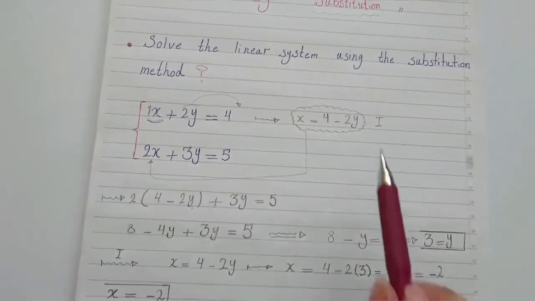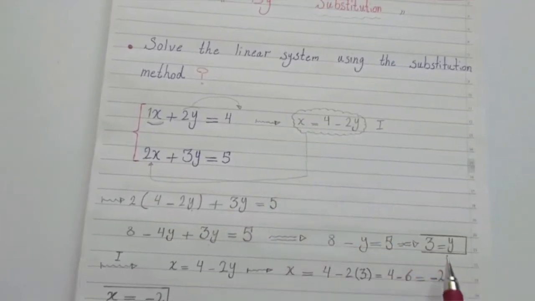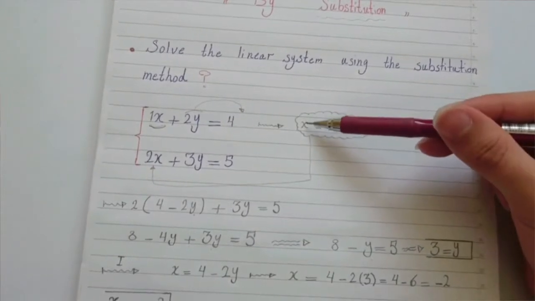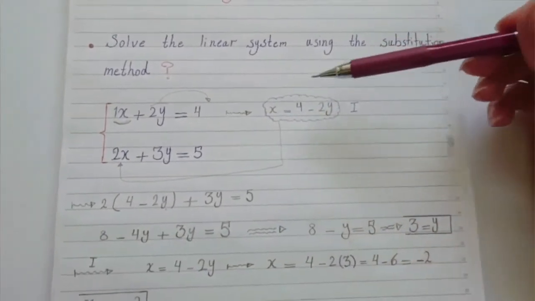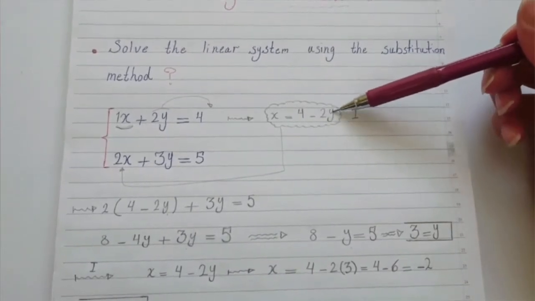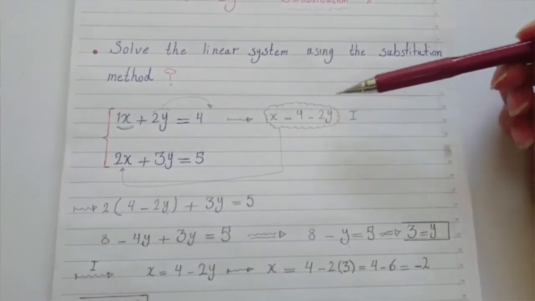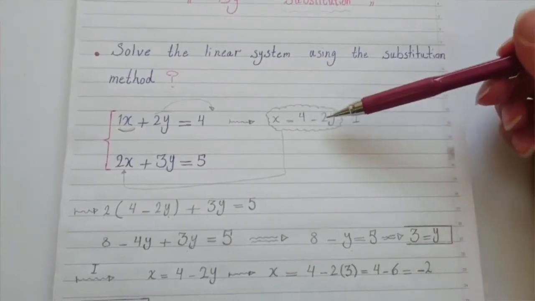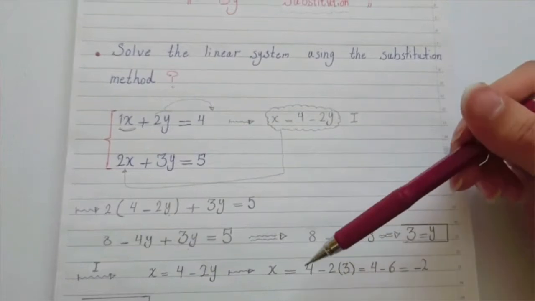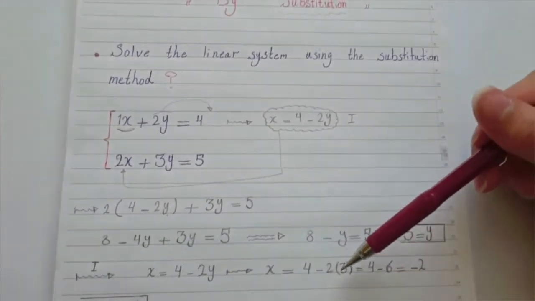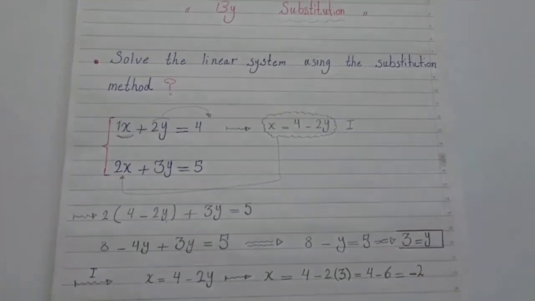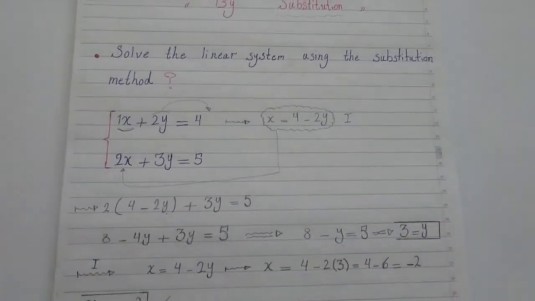And according to this equation here, by plugging it in here, we can easily find x. Okay, x is equal to 4 minus 2 times y. So x equals 4 minus 2 times 3. Okay, x equals 4 minus 6. So x equals -2 here.